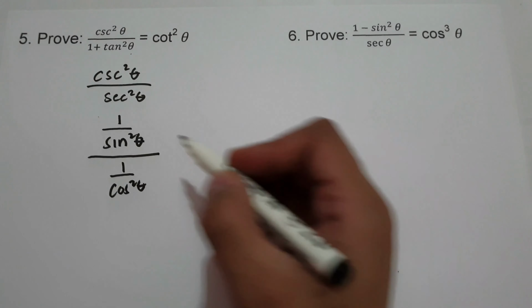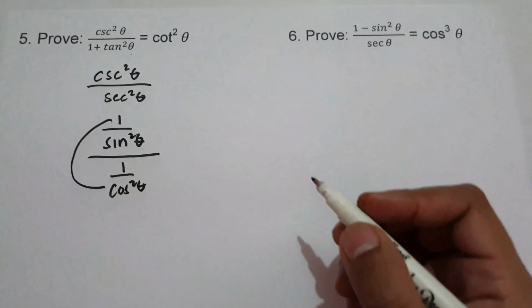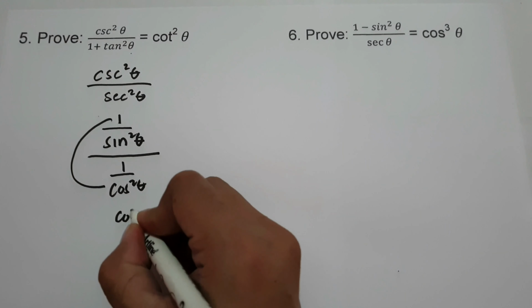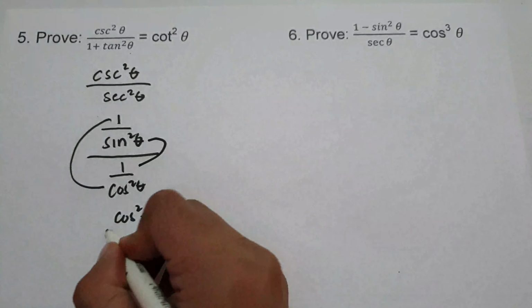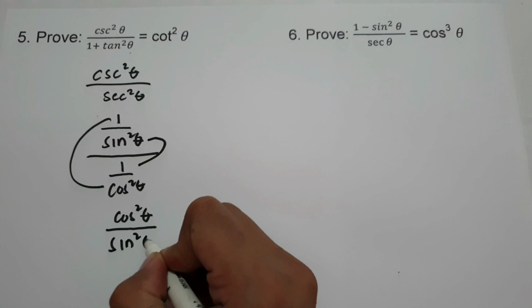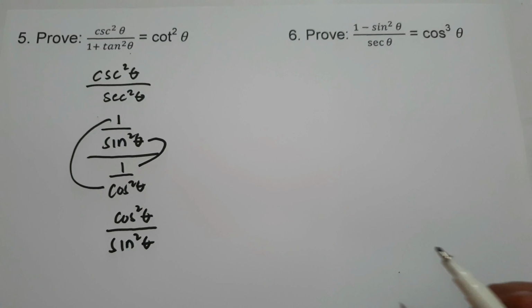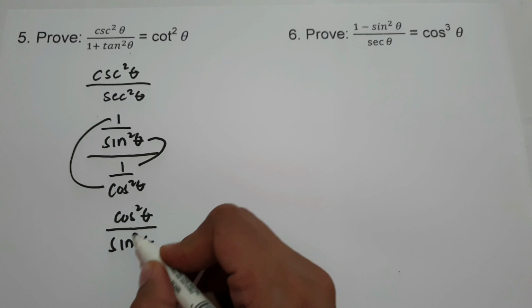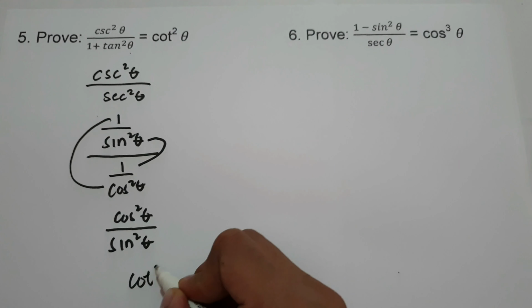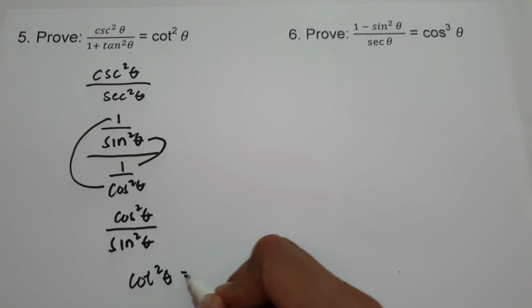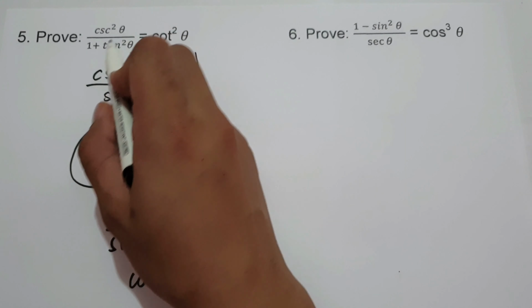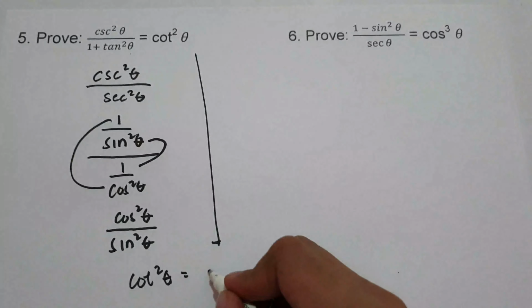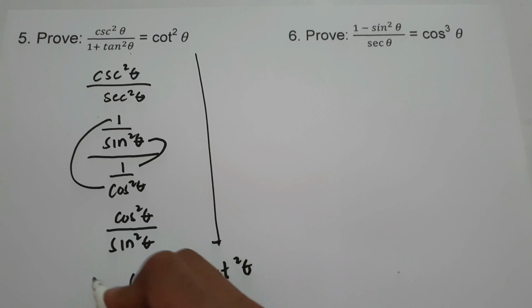And let us simplify. 1 multiplied by cosine square theta, that is cosine square theta. And sine square theta multiplied by 1, that is sine square theta. Therefore, cosine square theta over sine square theta is equal to cotangent square theta. Therefore, we prove that cosecant square theta over 1 plus tangent square theta is equal to cotangent square theta.